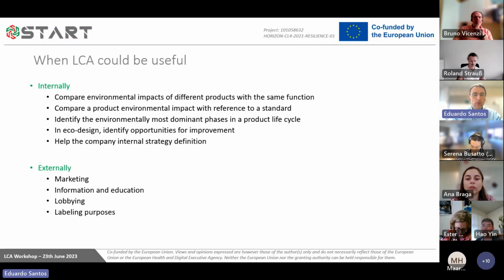And also, of course, to help the companies develop or define their internal strategies, but that is more of a strategic usefulness, which is not so common.